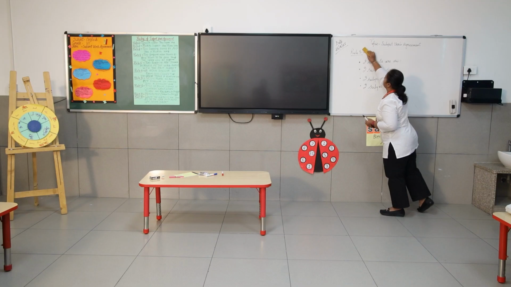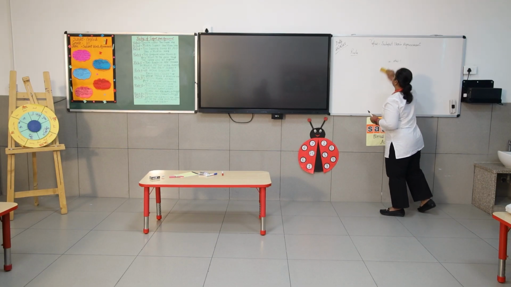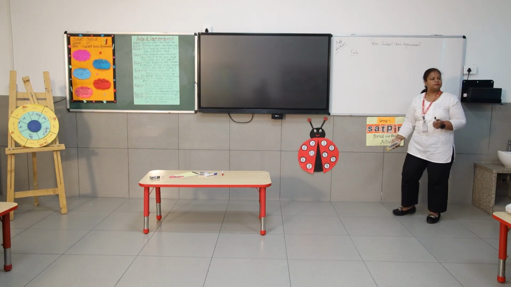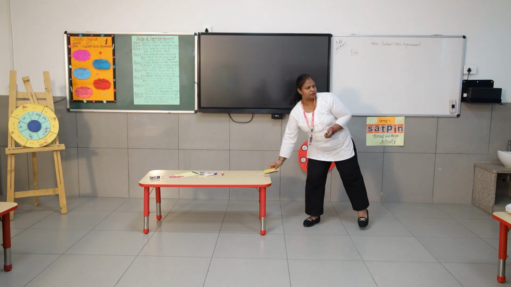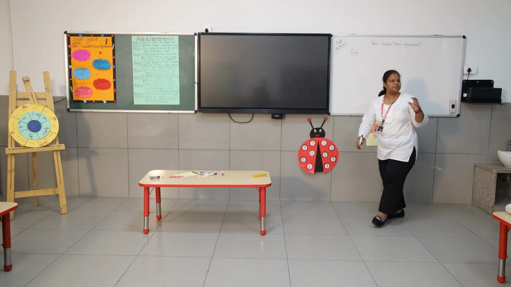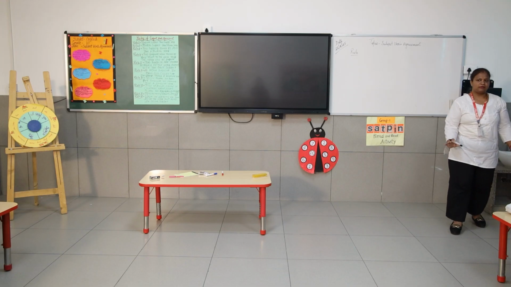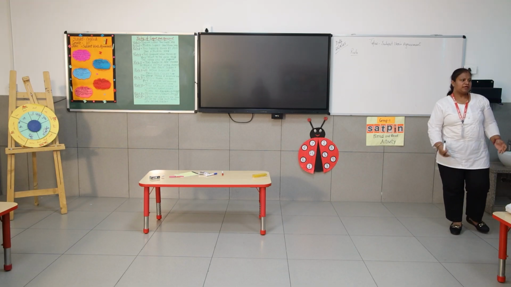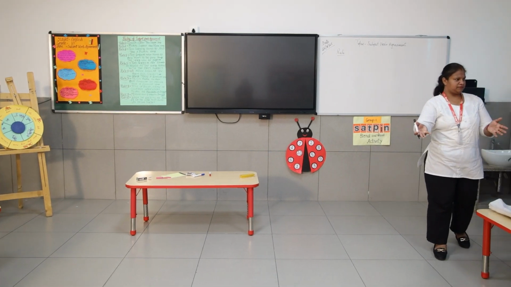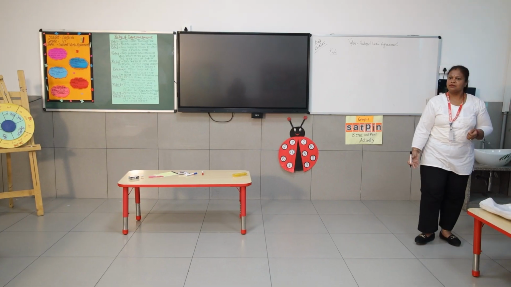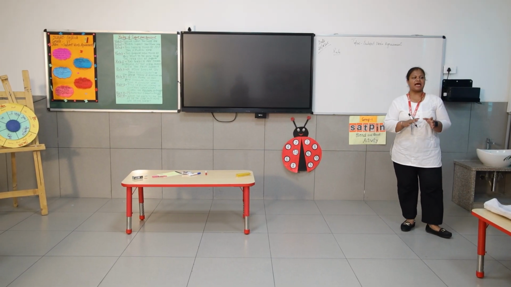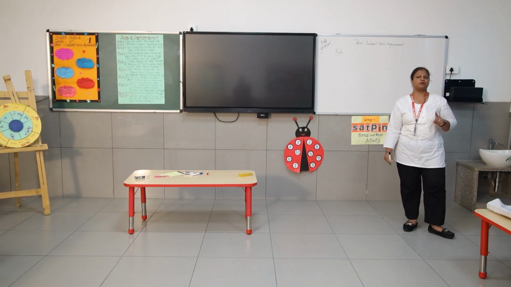Yes, sir. What if "the" comes before the second subject? No issues. Even if there is, why don't you give an example? So "teacher and the principal": they're two separate people, they will be considered as one. The verb will be singular.